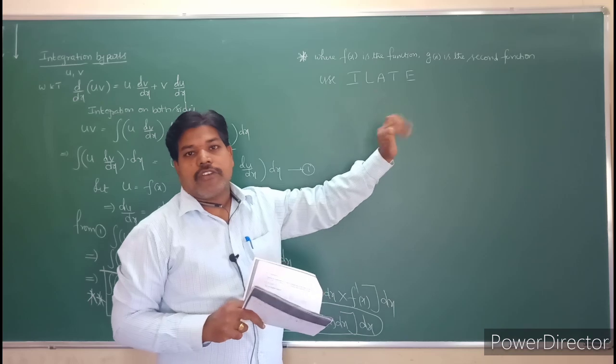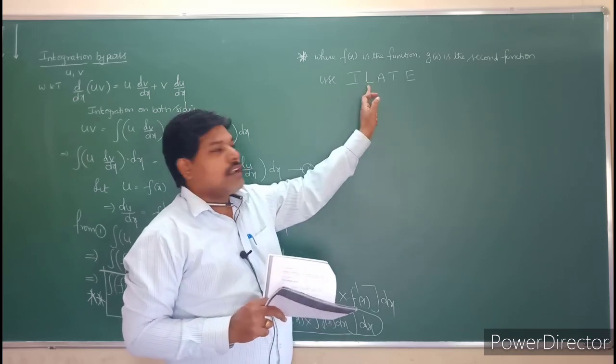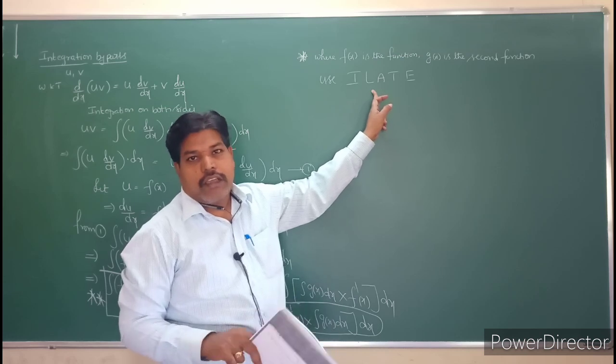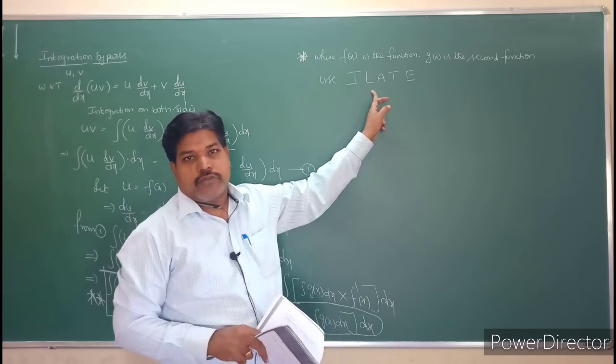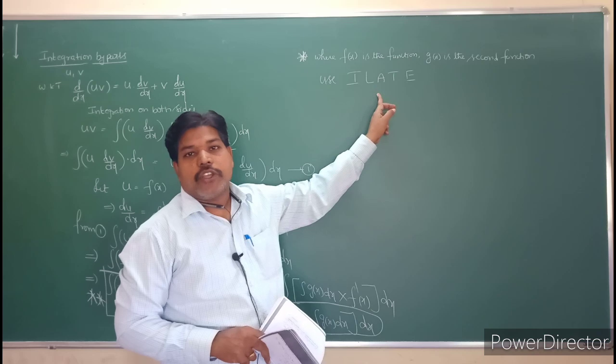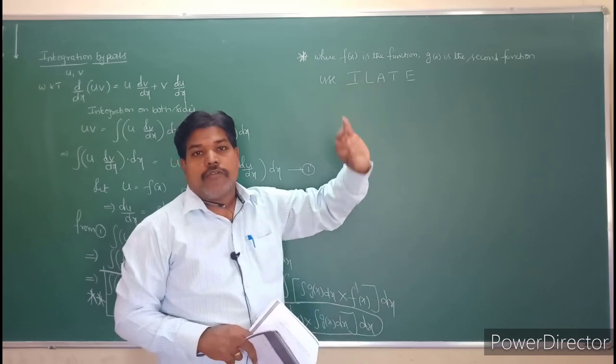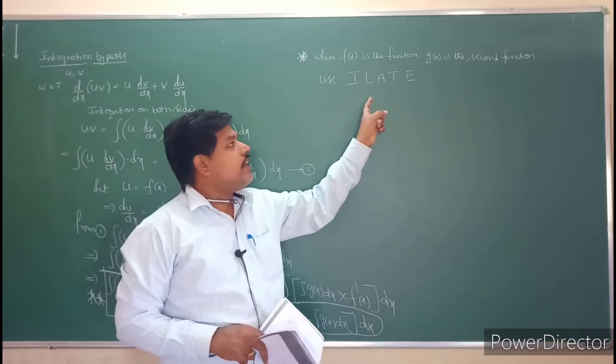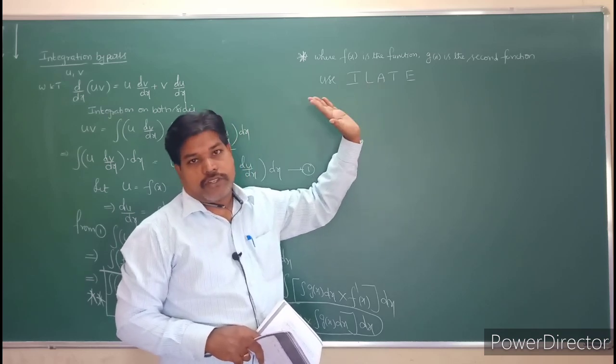If the inverse trigonometric function is not there, next is logarithmic functions, like log x square, log x plus 1 whole square. That is the second priority. If inverse trigonometry is not there, then you take the log as the first function.